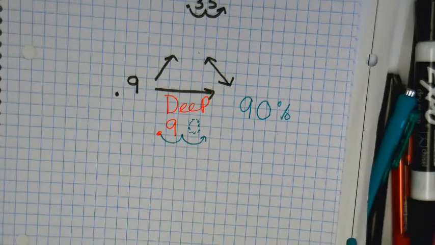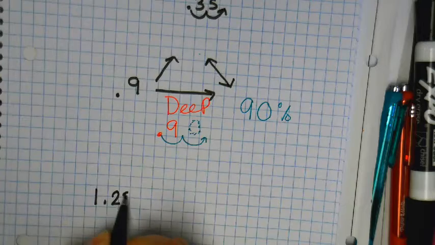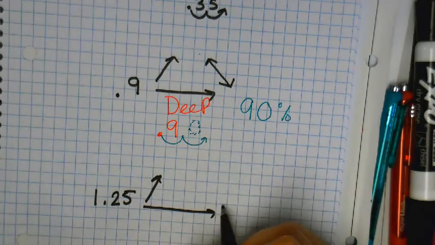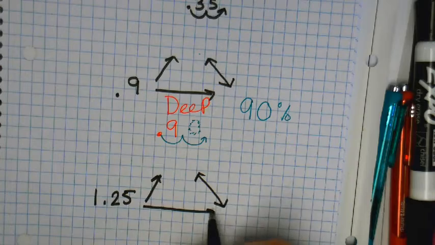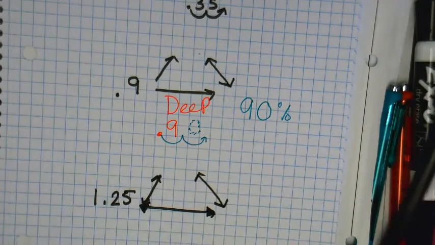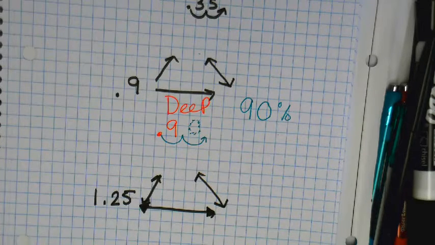What if I go 1.25 as my decimal? How many times do you move it? Twice. So what do you guys get?